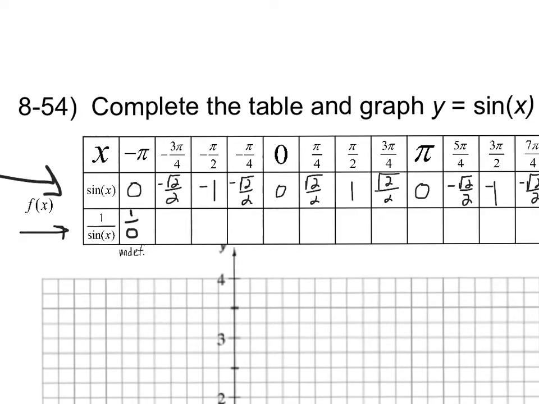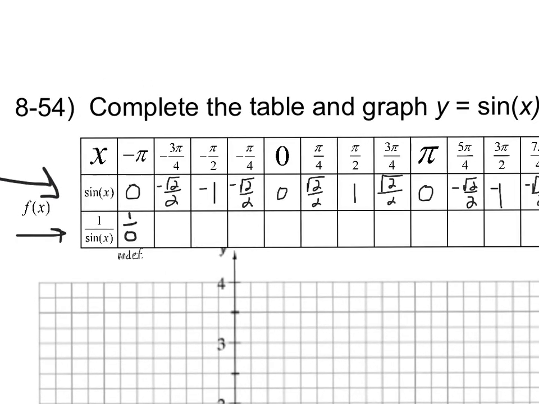The reciprocal of that, 1 over a negative square root 2 divided by 2, is equal to, take the numerator, multiply by the reciprocal of the denominator. And so now we have a negative 2 over the square root of 2, but we need to rationalize our denominator.